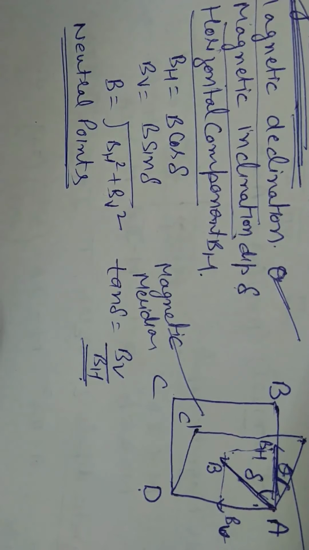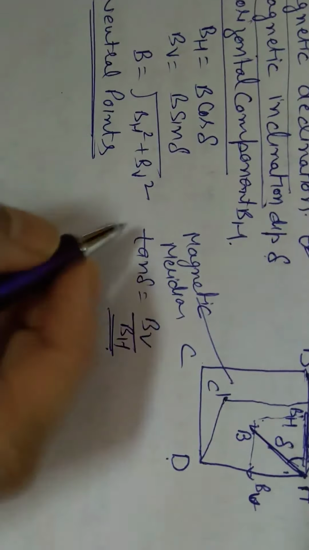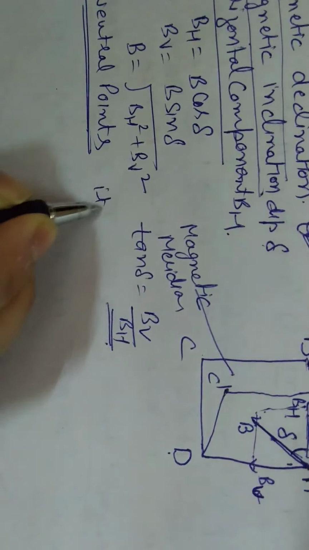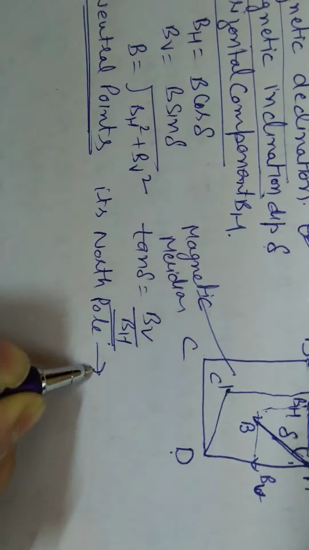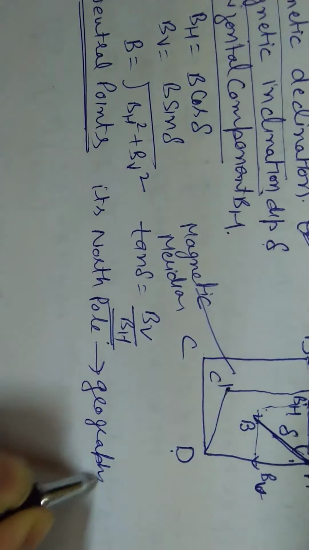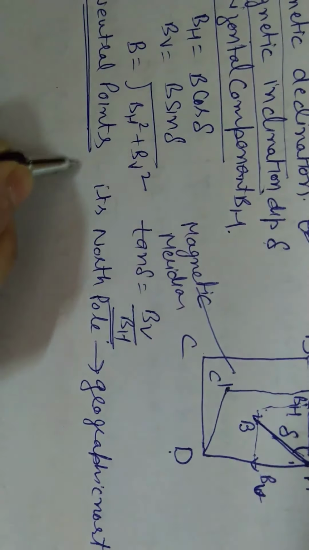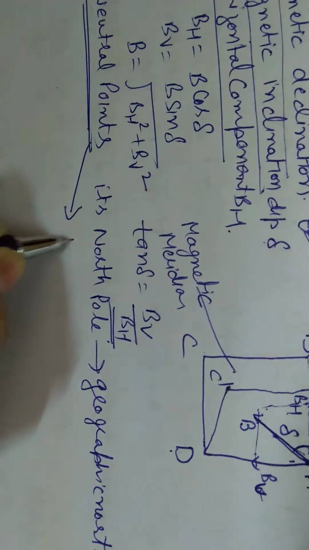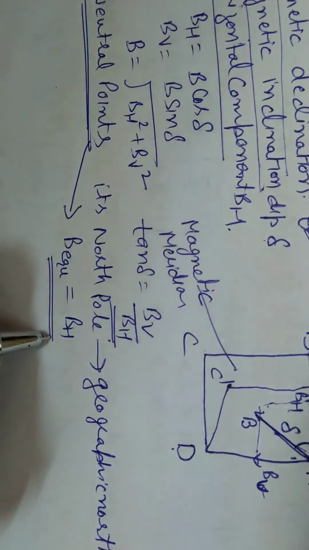And we have to remember these neutral points, because when the magnet is placed with its north pole towards geographic north of Earth, then the neutral point is on the equatorial line of the bar magnet.